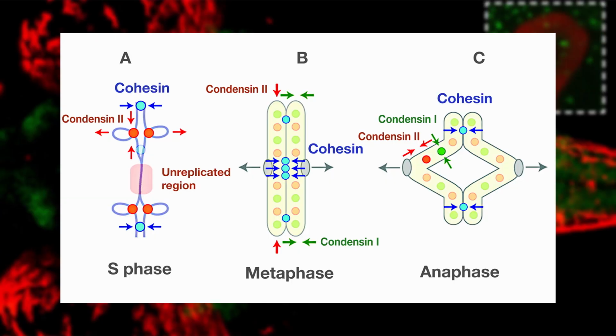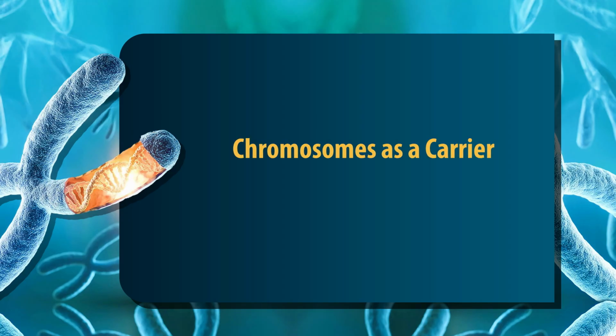These processes guarantee faithful transmission of genetic information from somatic growth and sexual reproduction. These processes reveal the molecular choreography of cohesins, condensins, kinetochores, and spindle fibers that safeguard genomic stability and underlie growth, development, and reproduction.